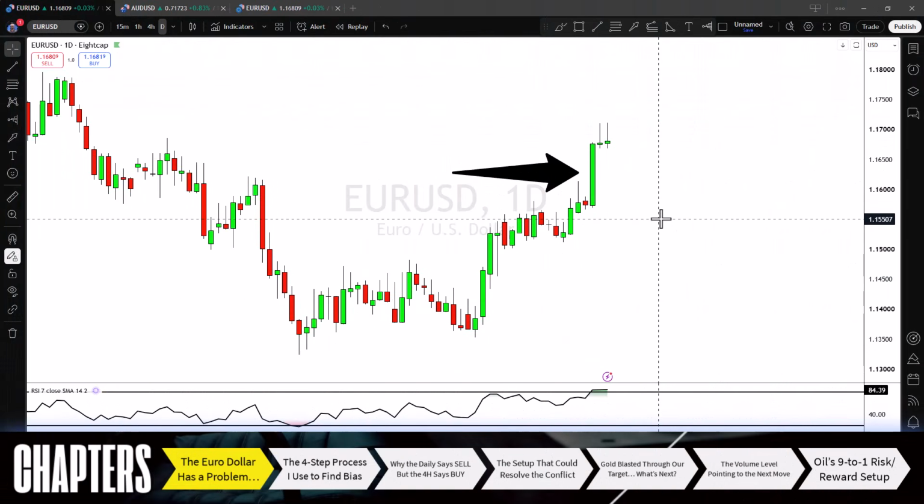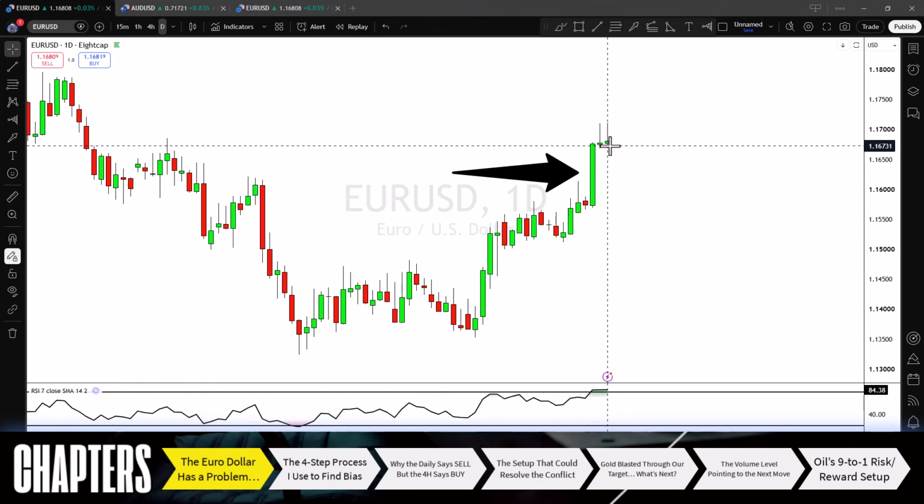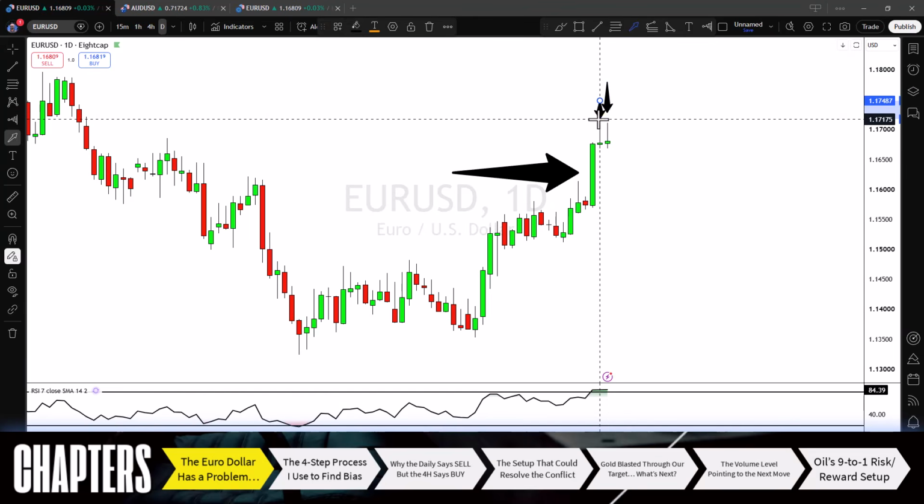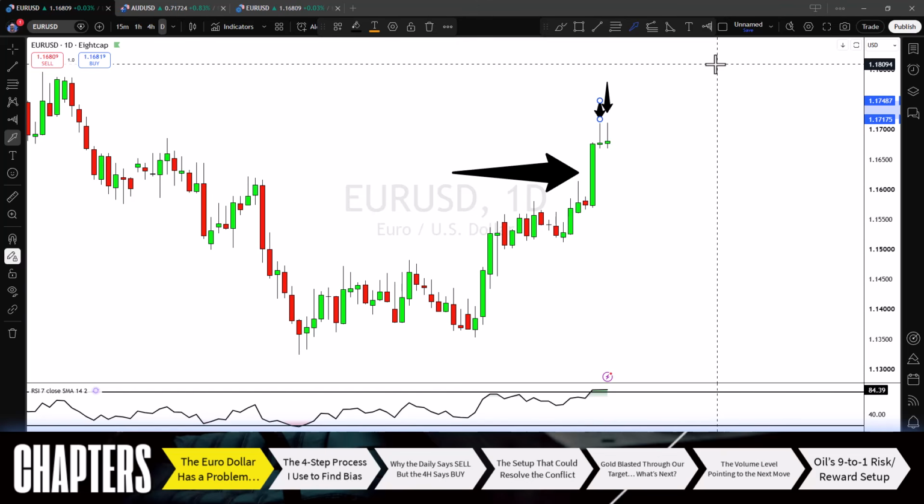So what we have here is two green candles. Yes, they are bullish. The close is higher than the open, but if you look at the overall story, having these two long wicks to the upside shows us that the buyers tried to push up. However, they were rejected and they couldn't hold that space. And that's really a bearish signal.